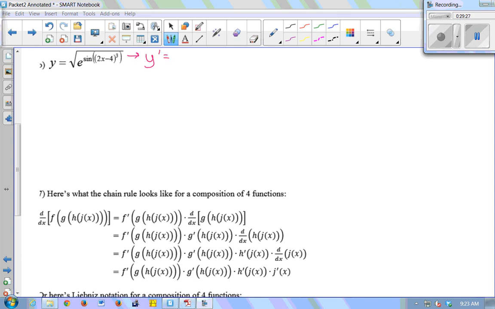Y prime. So first you should see that as a bunch of stuff raised to the 1/2 power, right? You want to think of that square root as the 1/2 power. So I've got some stuff to the 1/2.